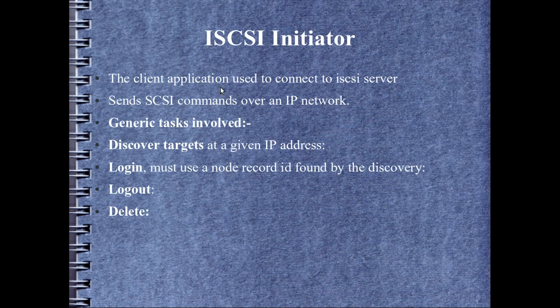Now, coming on to the iSCSI initiator, it's the client application that needs to be installed on the cluster nodes that will be accessing the LUNs which are exported by the iSCSI target.